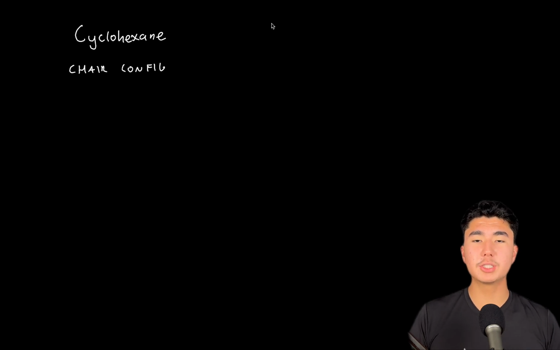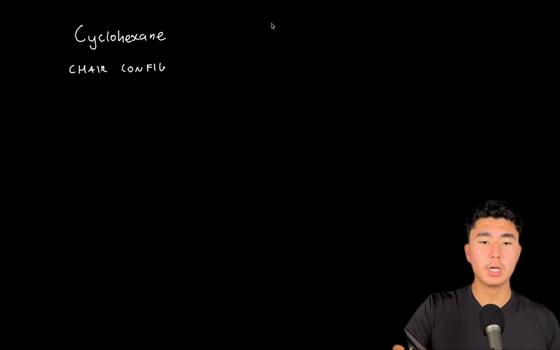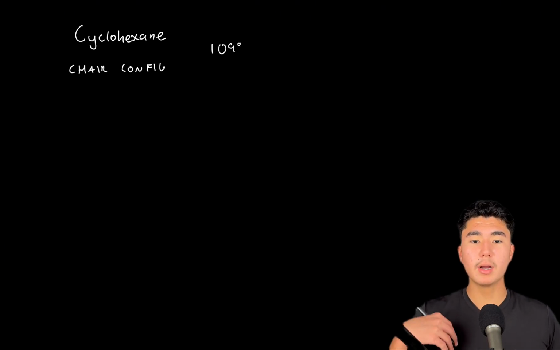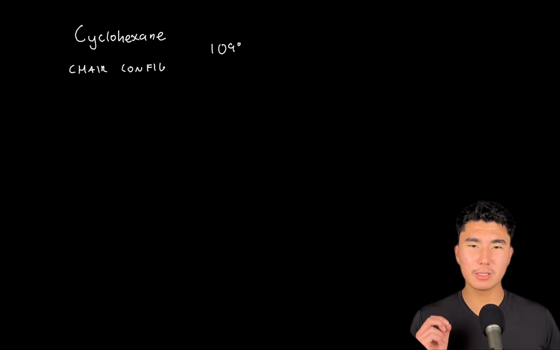The chair conformation is also the conformation in which there's no torsional or angle strain, and all those carbon-carbon bonds are really close to 109 degrees, where there's no torsional or angle strain, because that's where our organic molecule is the most stable. In our chair configuration, the cyclohexane is really close to that, about 111 degrees, I believe.